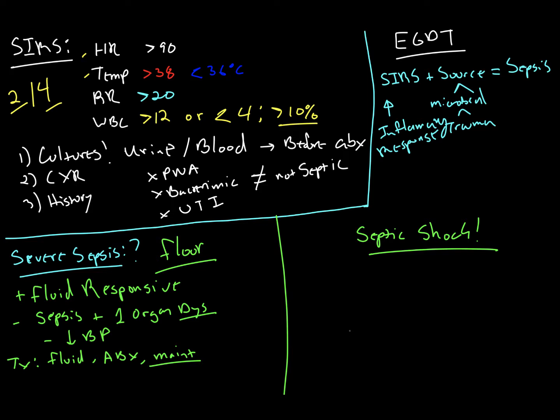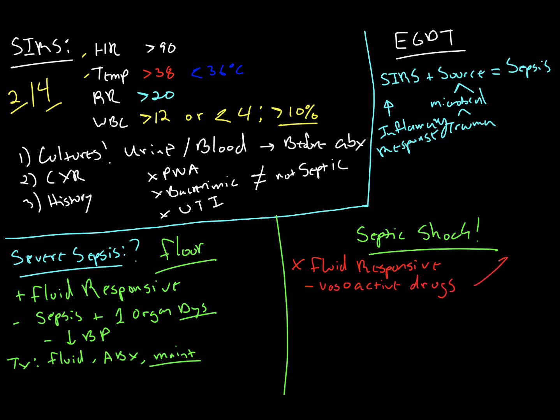All right, so let's say they came on a little bit later. They neglected to go to the ED or whatever it may be, or they just have a really nasty bug. Well, we're going to call these people in septic shock if they are not fluid responsive. So meaning that we've given them a little bit of fluid, or we've given them fluid and it's not doing anything, so little improvement. So what are we going to need here? We're going to need vasoactive drugs.